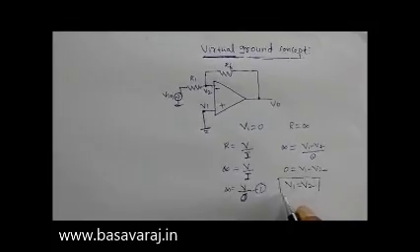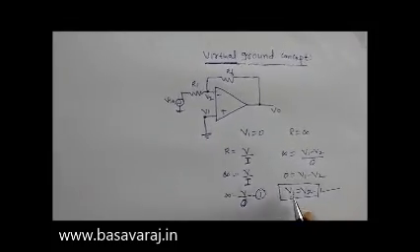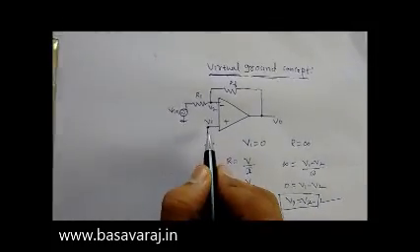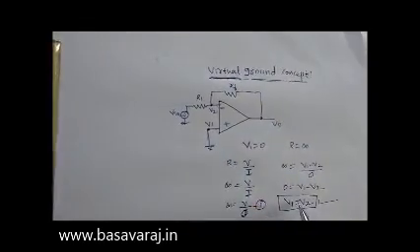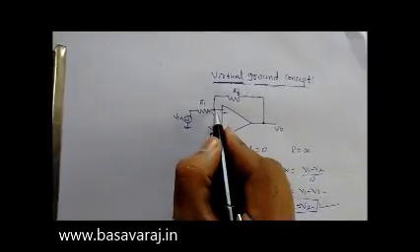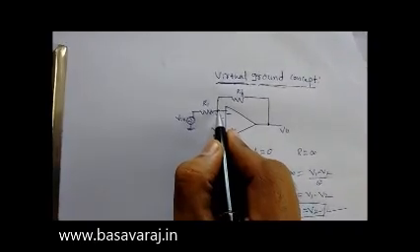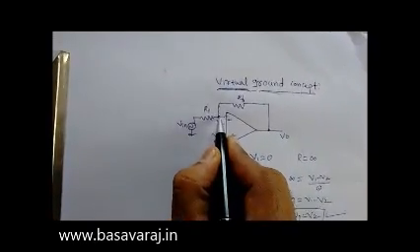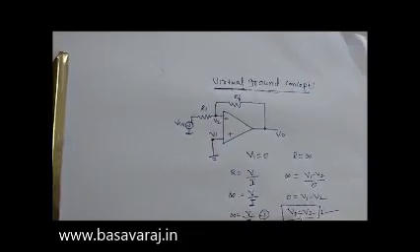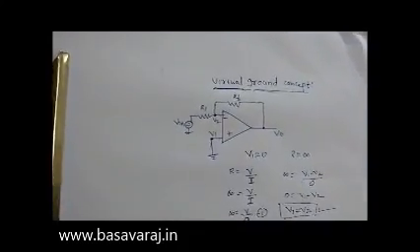This means if this point is at some potential, that is ground potential, then ultimately this point is also at the ground potential. So we call it a virtual ground, meaning at this point we have 0 volts because V1 equal to 0.